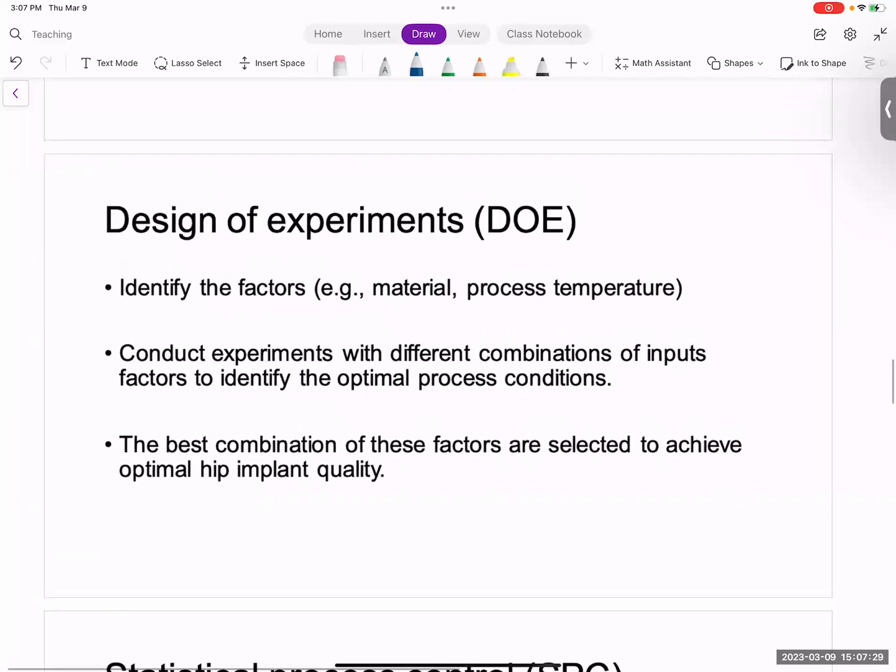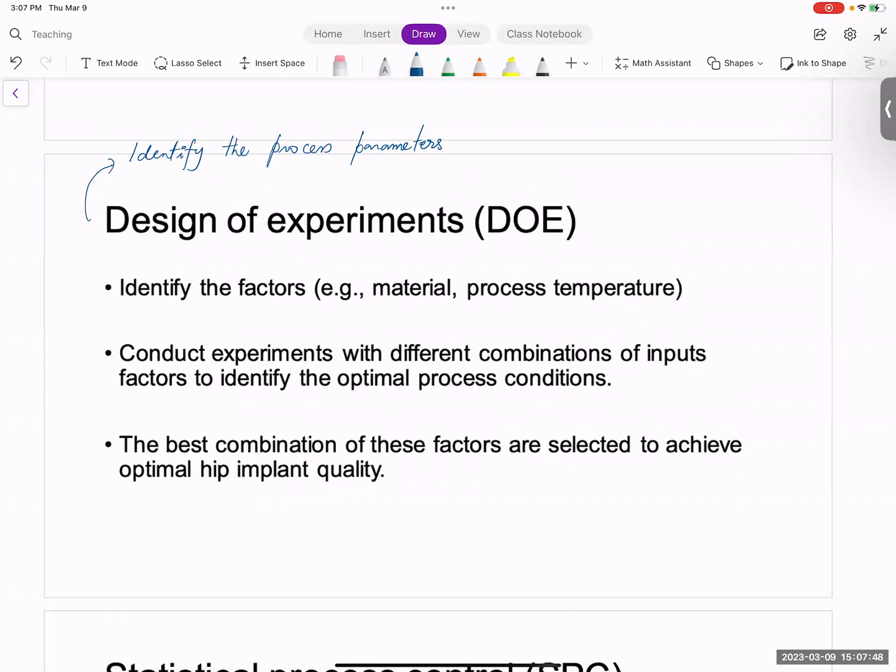So let me try to write down this definition. Basically, it tells us methods to identify the process parameters. When I say process parameters, think about controllable factors.